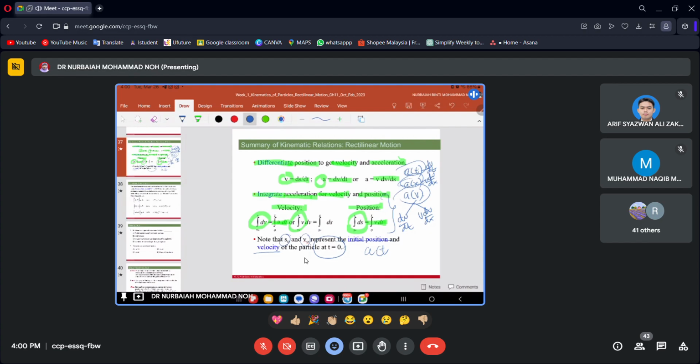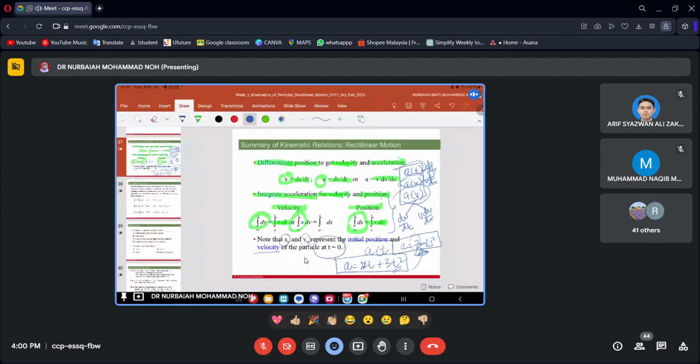When you define in your problem bukan melibatkan function a, maksudnya diberi satu value sahaja, contohnya 7 meter per second square, ini yang dikatakan sebagai constant acceleration. Any value lah, maksudnya dia tak ada function. Function tu maksudnya apa? a is equal to 2t plus 3t square, ini dinamakan function. Maksudnya a tu berubah-ubah mengikut kepada t. Yang ni a tu constant, at any time a tu masih a yang sama.